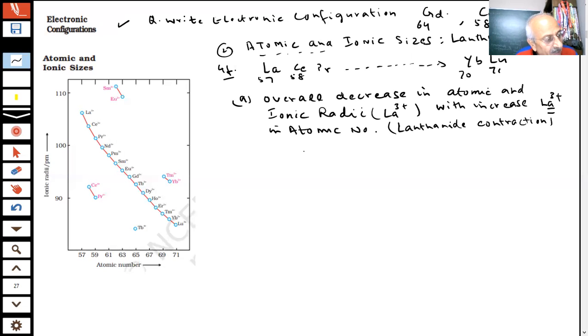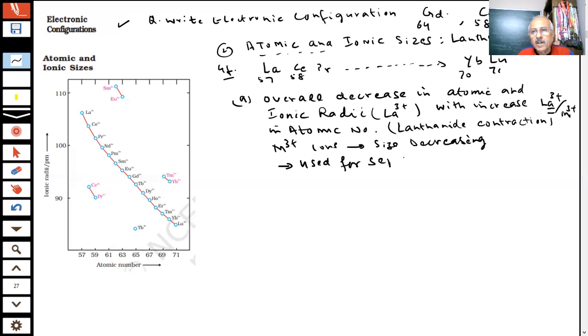So the M3 plus ions, the size is decreasing, students, and because of this decrease in their size, we will be using them for complex formation, and this will be used for separating these M3 plus ions from one another.